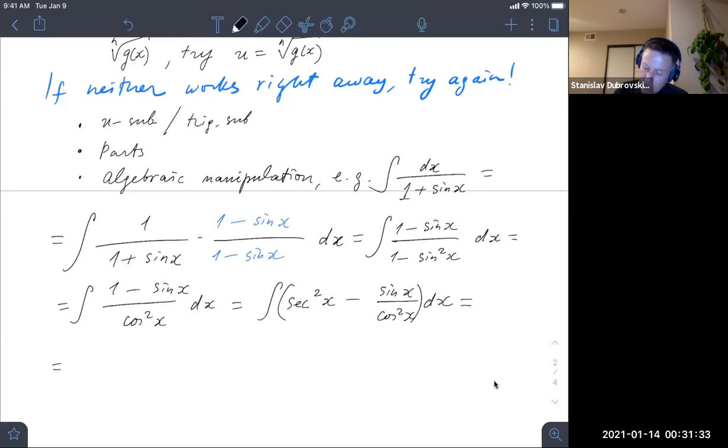And the second integral will be the integral of tangent x times secant x dx. So the first one was standard. Actually, the second one is also not a standard, but still a trigonometric integral. So finish on your own.